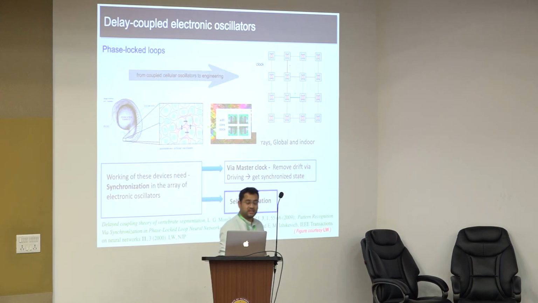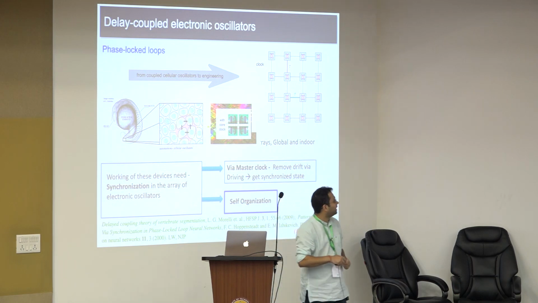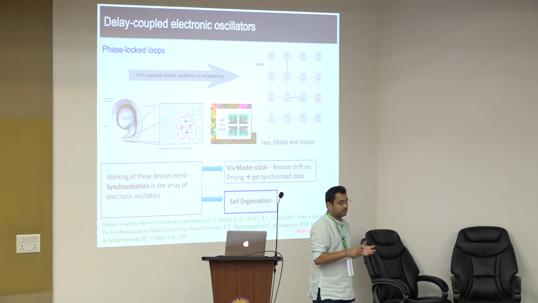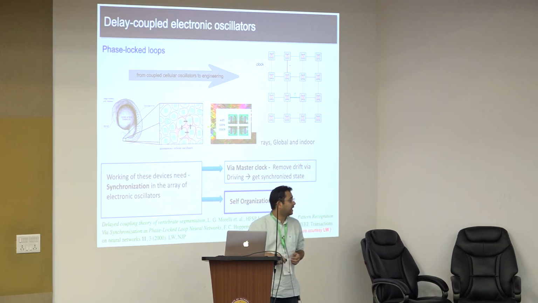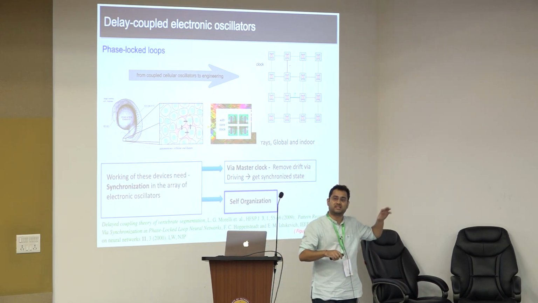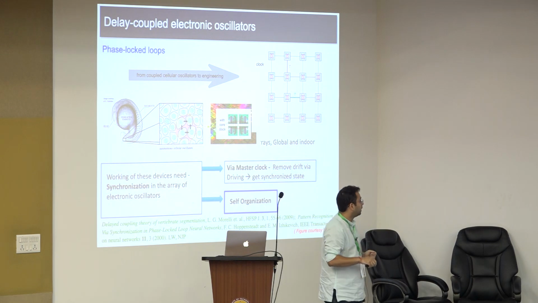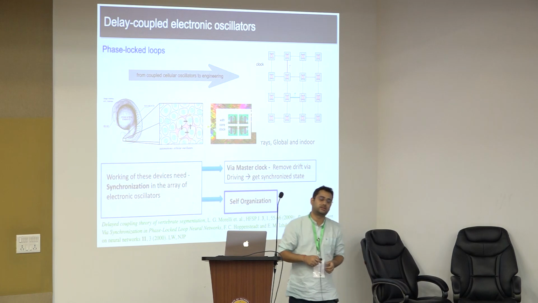This is motivated by biological oscillators, where, as we said in the last session, oscillators can synchronize and make patterns. This is self-organization in the sense that there is no external force working on these oscillators and still they manage to synchronize somehow.